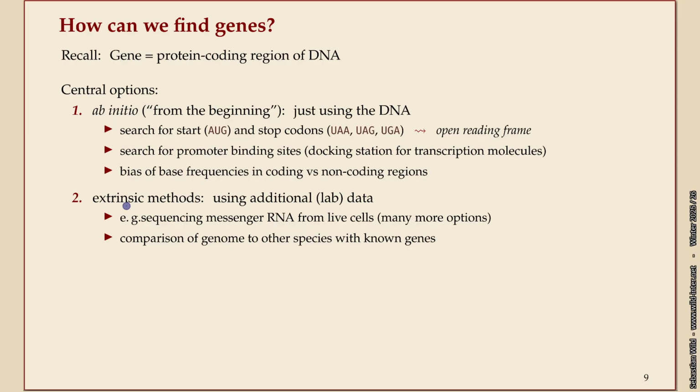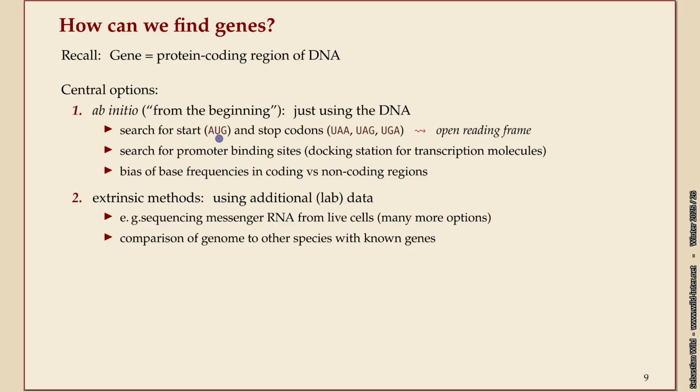The other option is you somehow involve other knowledge about the biology and collect additional information, maybe additional experiments in the lab and so on. Almost all real results in research are a combination of these, but it sometimes helps to keep things apart. We'll focus on this ab initio gene detection, where we're just taking the letters and trying to figure out what we can say from that.